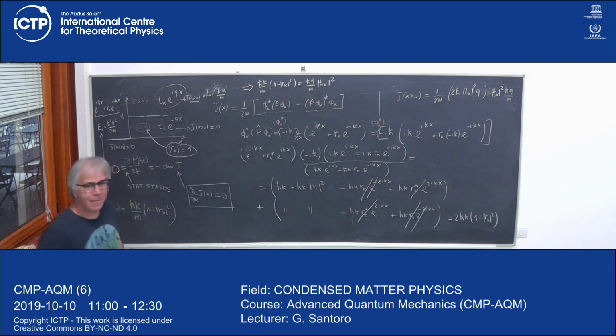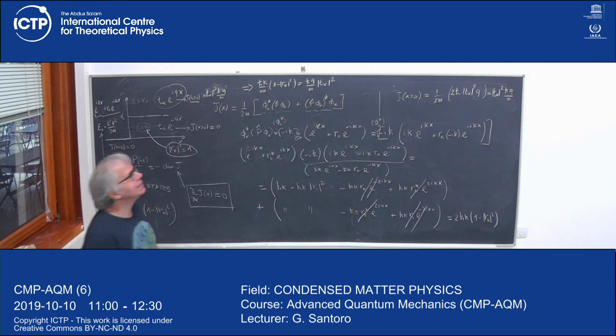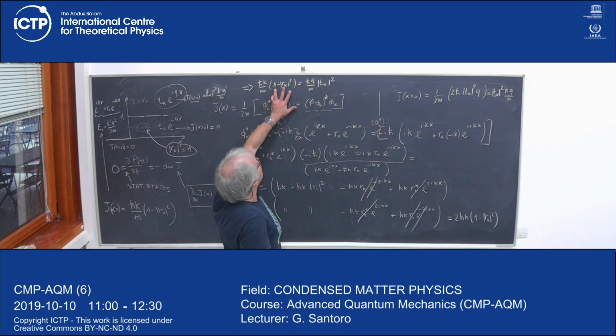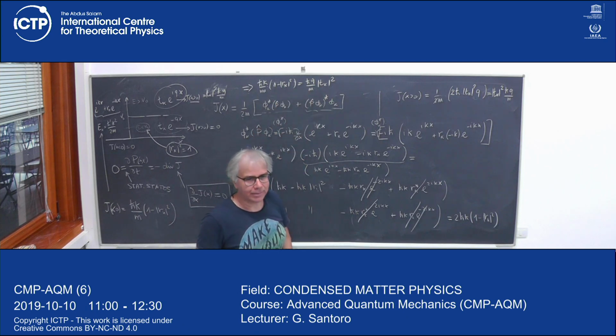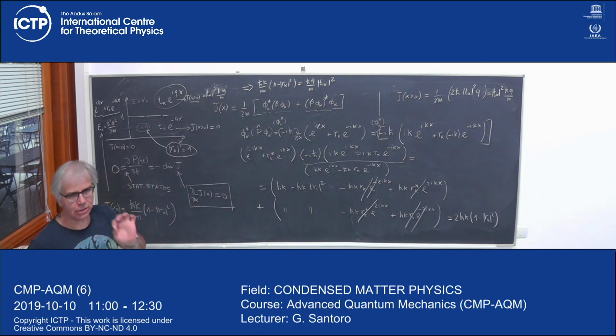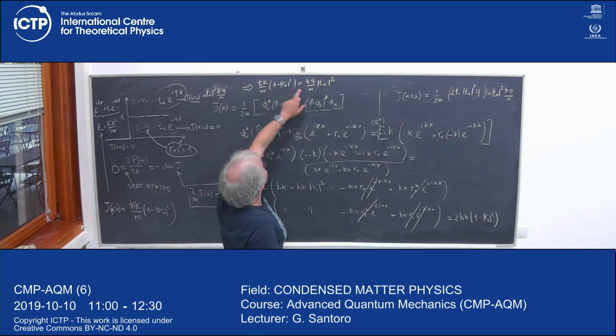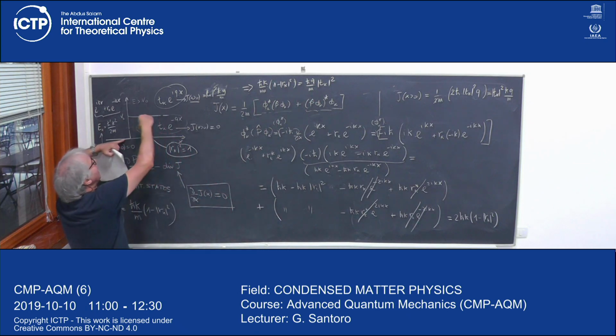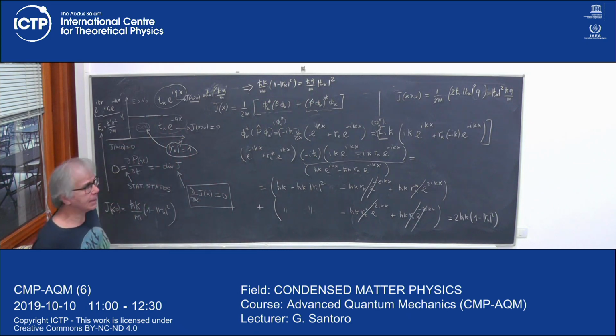Maybe you were expecting that 1 was equal to rk square plus tk square. The answer is no. The reflection and the transmission coefficient do not sum to 1, because here I have a q and here I have a k. In other words, the two energies here are different.